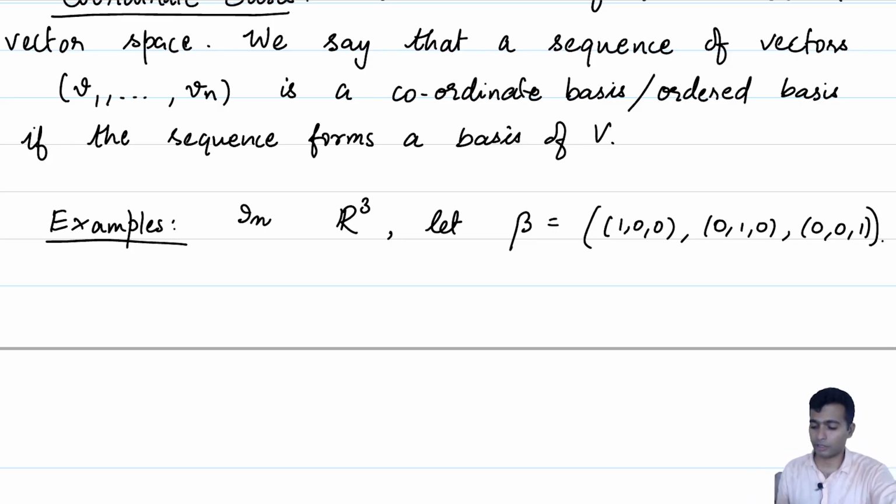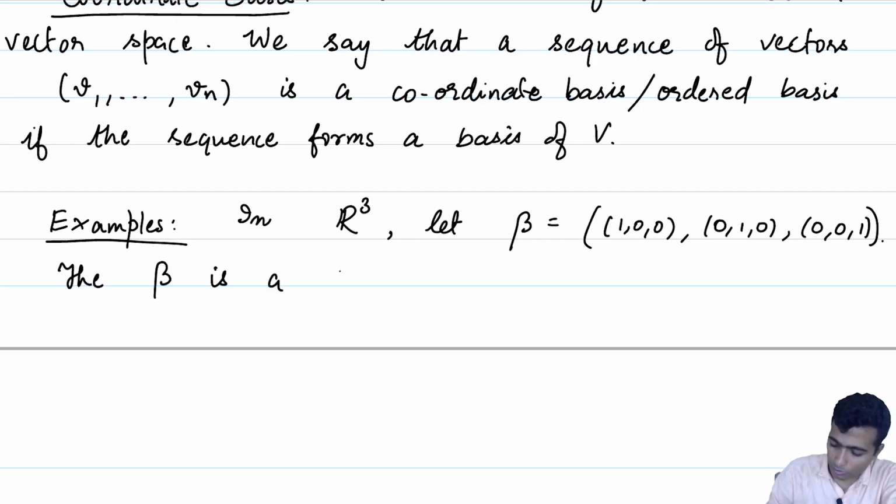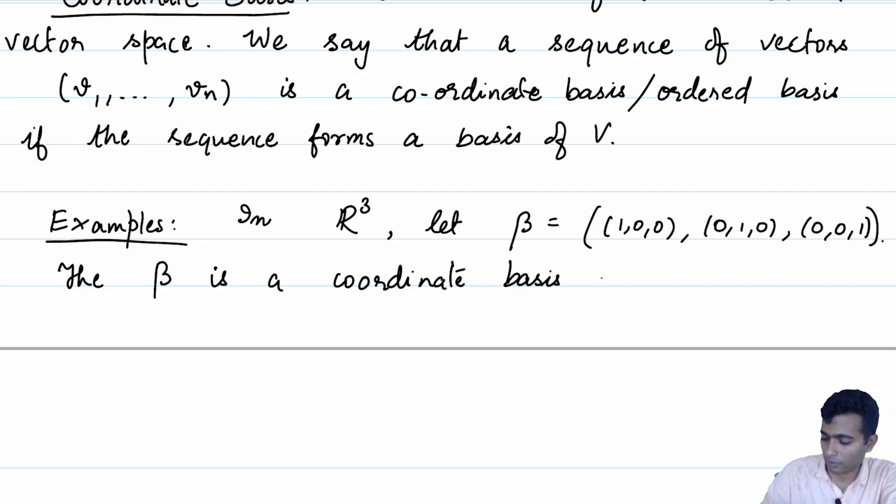From whatever we have seen till now, we know that the vectors (1,0,0), (0,1,0) and (0,0,1) form a basis, and in this order beta is a coordinate basis of R3.